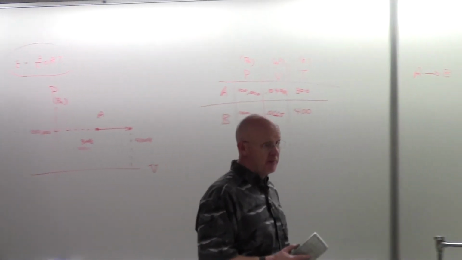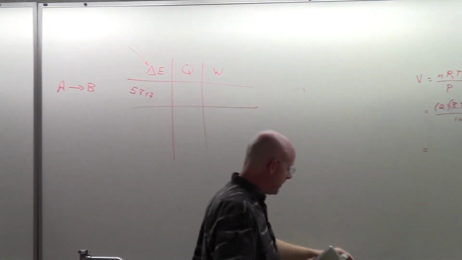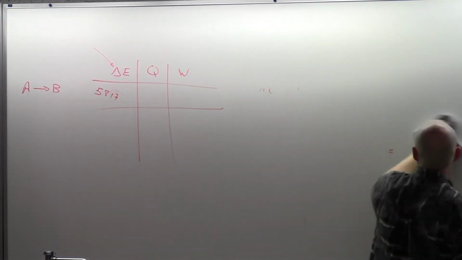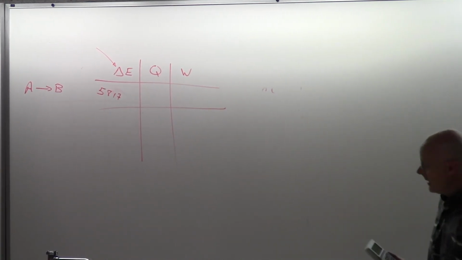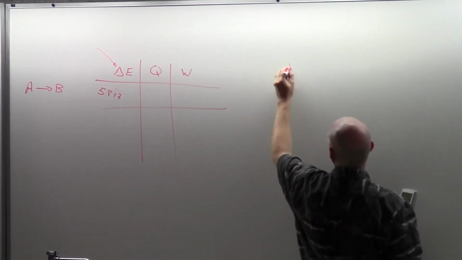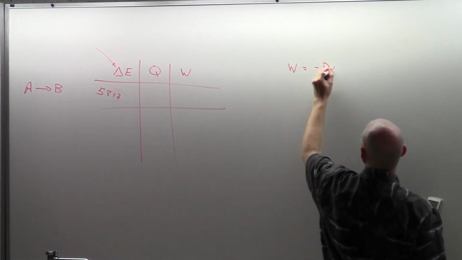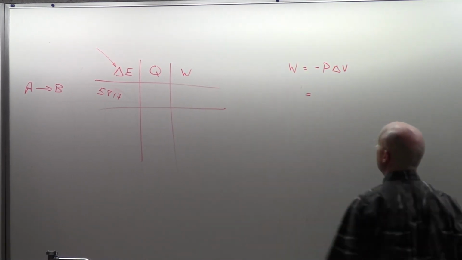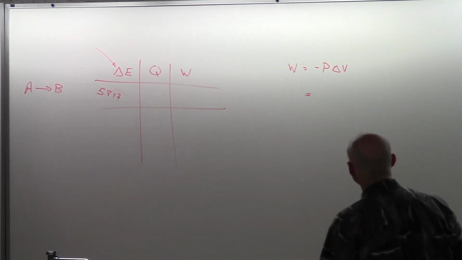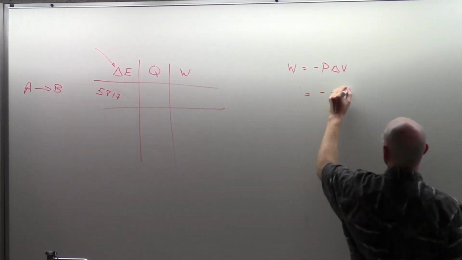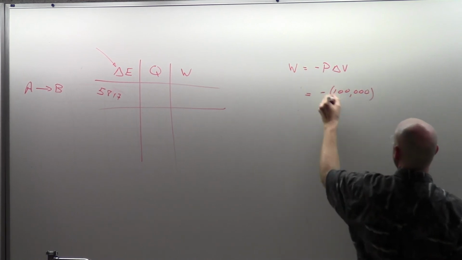I think they've also given me a nice easy way out to get the work. Because what kind of process is it? It's isobaric here. So it's minus P delta V is what the work comes out to be for the constant pressure. And so the pressure here is 100,000 pascals.